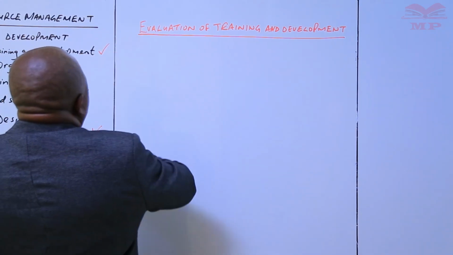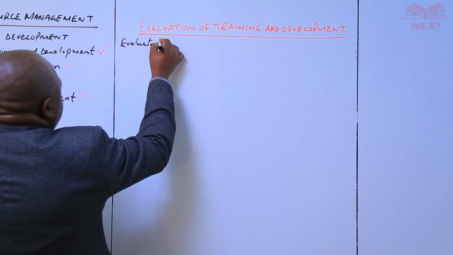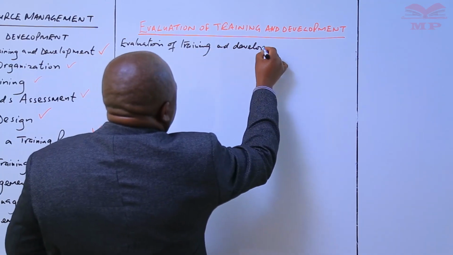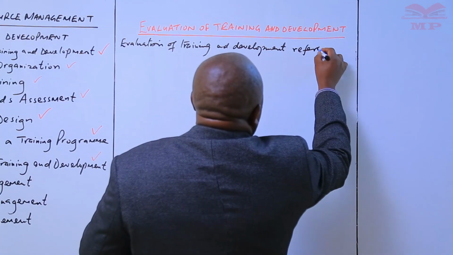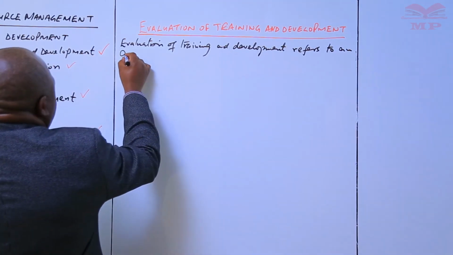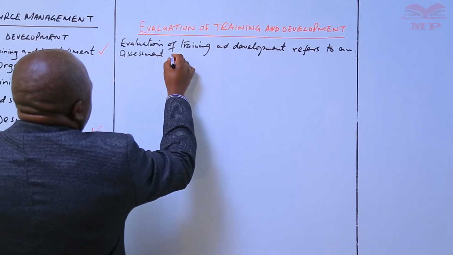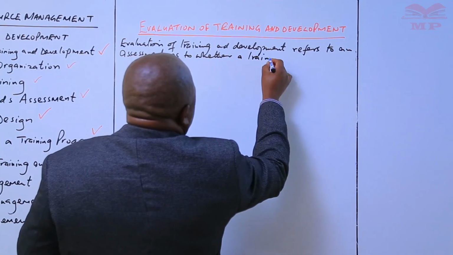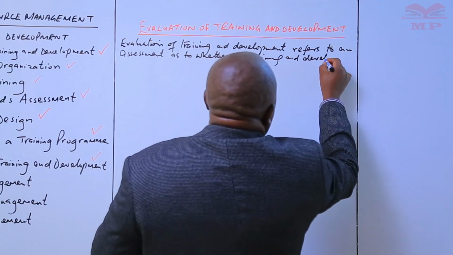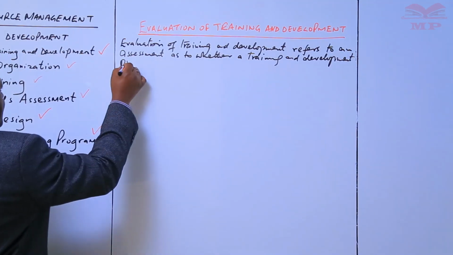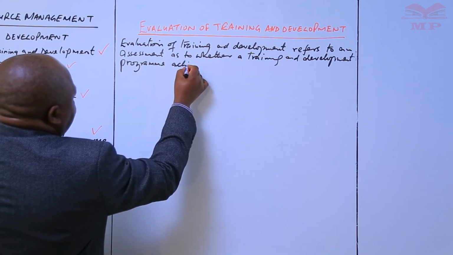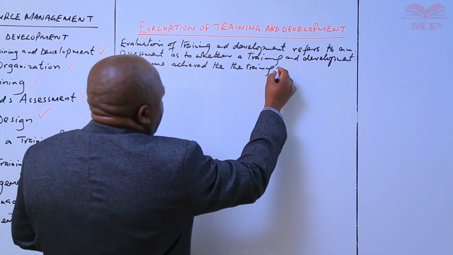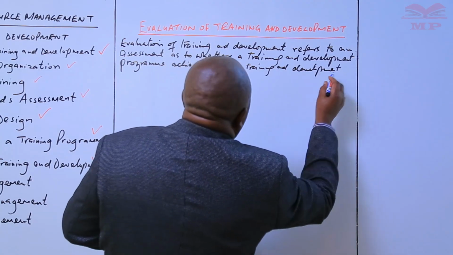So learner, evaluation of training and development refers to an assessment as to whether a training and development program achieved the training and development objectives.